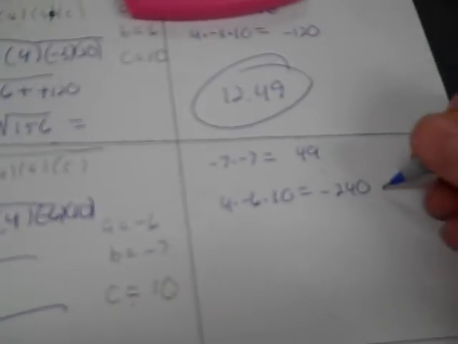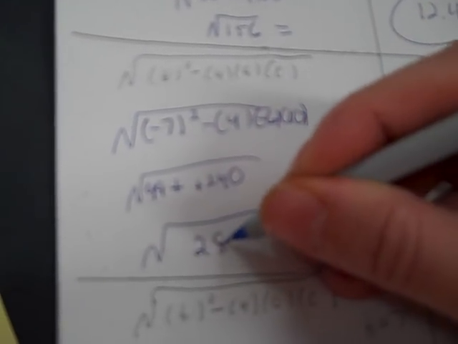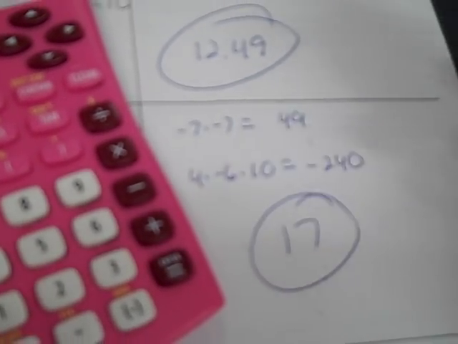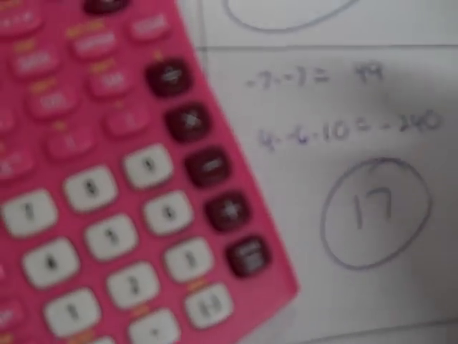So I put 49 before the minus, and then negative 240 after it. Plus, plus. So that's 289. So the square root of 289 is 17 even. That means 289 was a perfect square because 17 times 17 is 289.